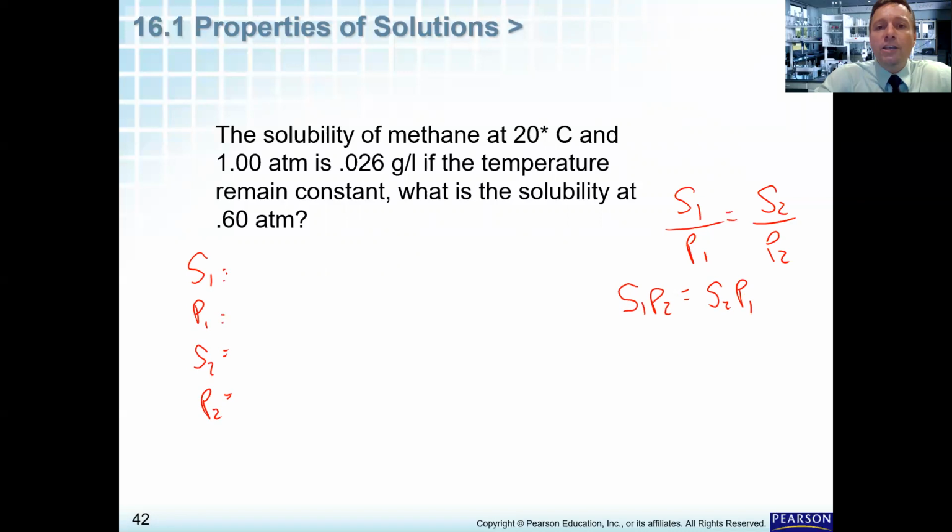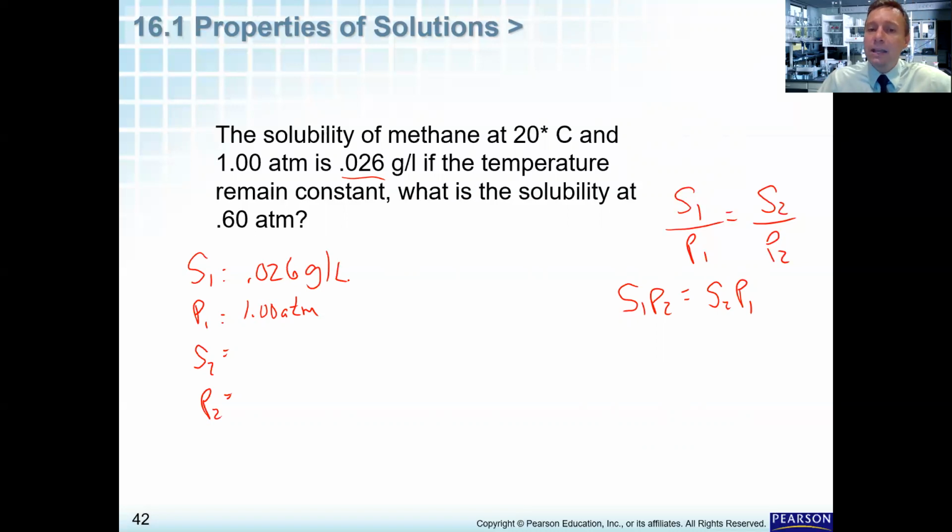So the solubility of methane, CH4, at 20 degrees Celsius and 1 atmosphere, so my pressure 1 is 1.00 atmospheres. And its solubility is 0.026 grams per liter.